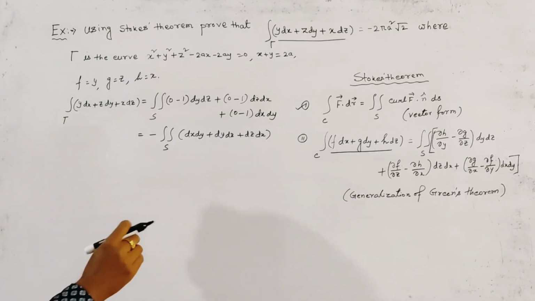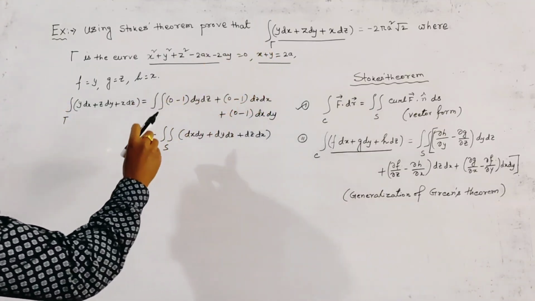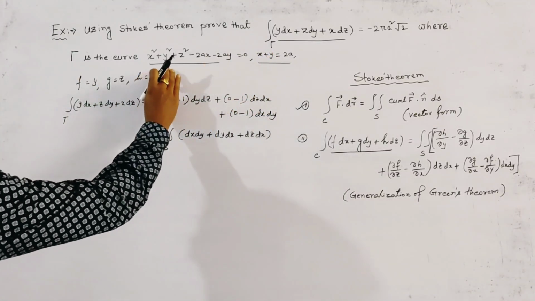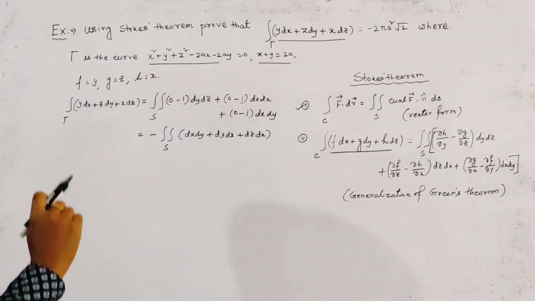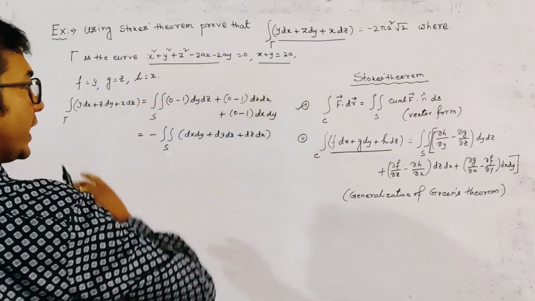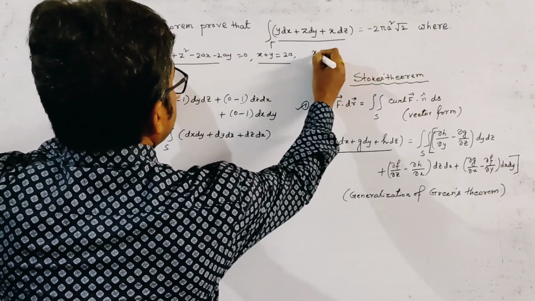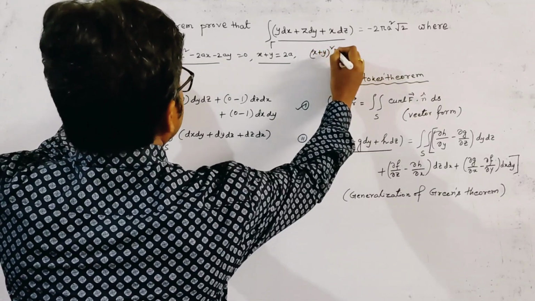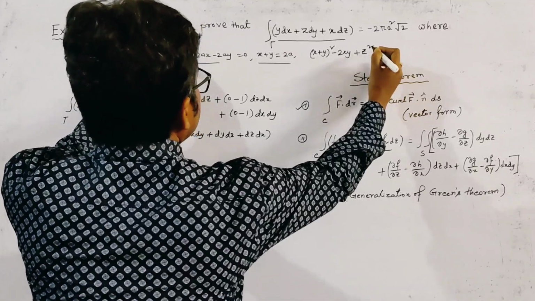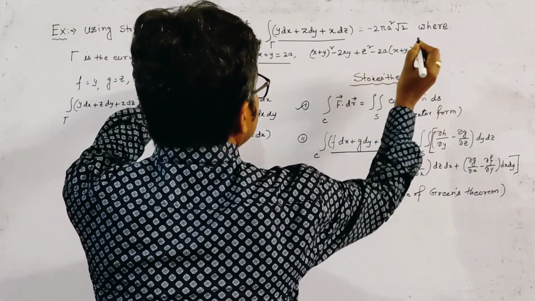Now we have to find the intersection of this surface and this curve to find out the surface properly. How to find the intersection? We put x plus y equal to 2a in the sphere equation, getting x plus y whole square minus 2xy plus z square minus 2a into x plus y equal to 0.